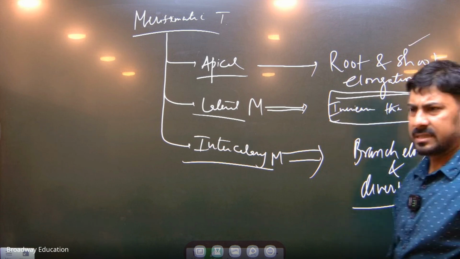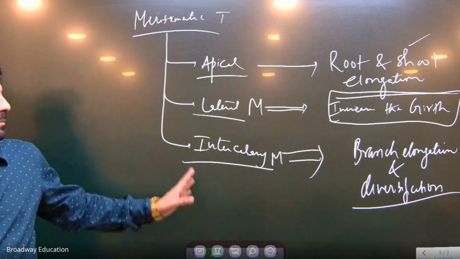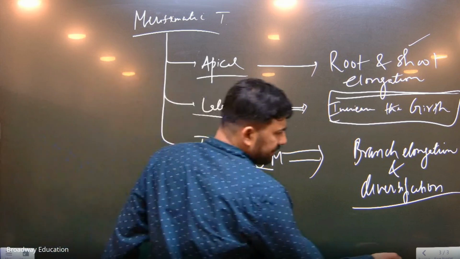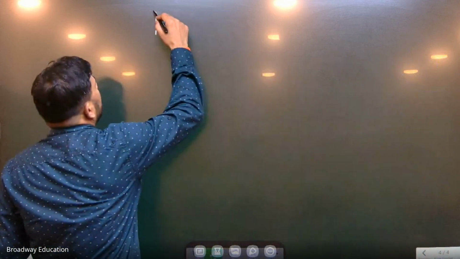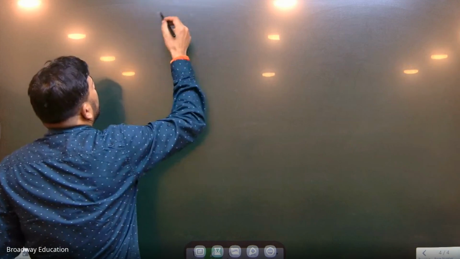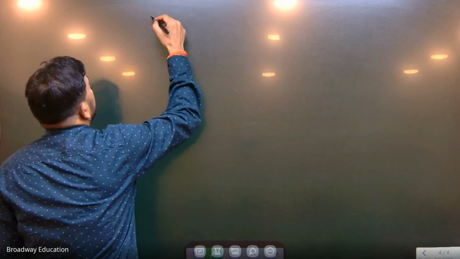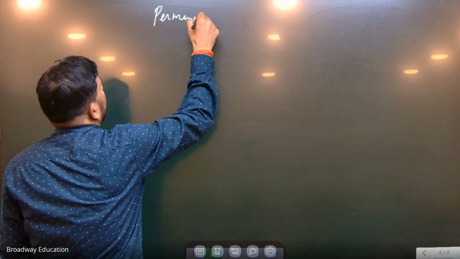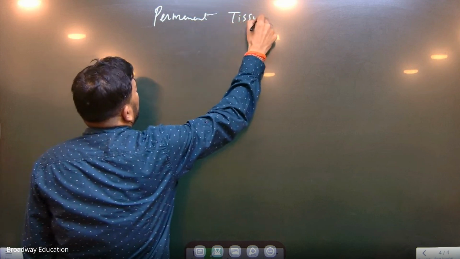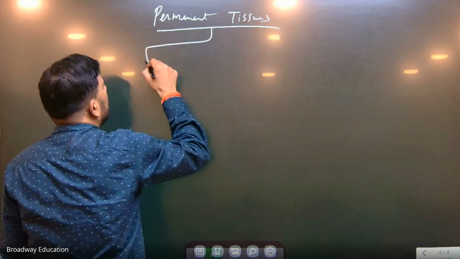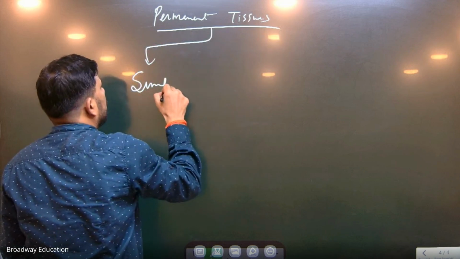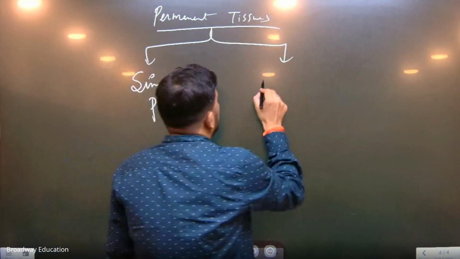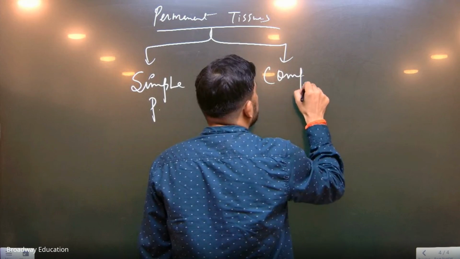After this, we also discussed the permanent tissues. In the permanent tissues, what did we discuss yesterday? We discussed simple permanent tissues, and the other one was complex permanent tissues.